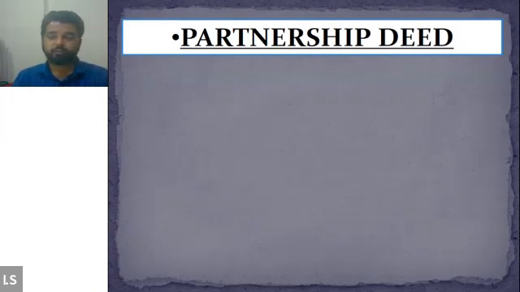So partnership deed is nothing but a written format of all the terms and conditions agreed among the partners. It contains the terms and conditions upon which the partners are joining together to work together in a firm.